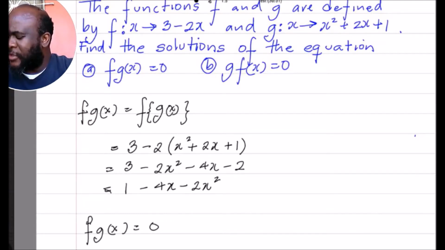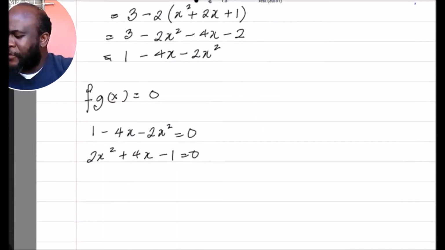In f, wherever we see x, we take out x and put g. So 3 minus 2 is 1 minus 4x minus 2x squared. Multiplying the entire equation by minus 1, we have 2x squared plus 4x minus 1 is equal to 0.